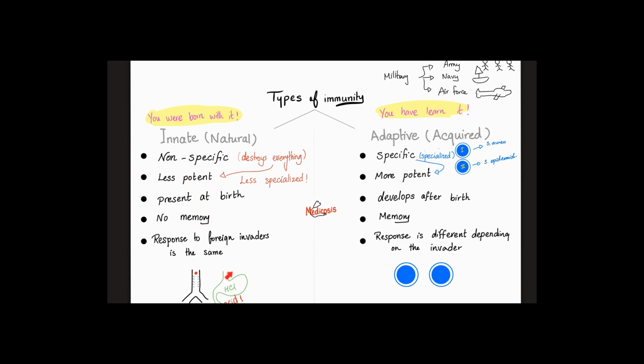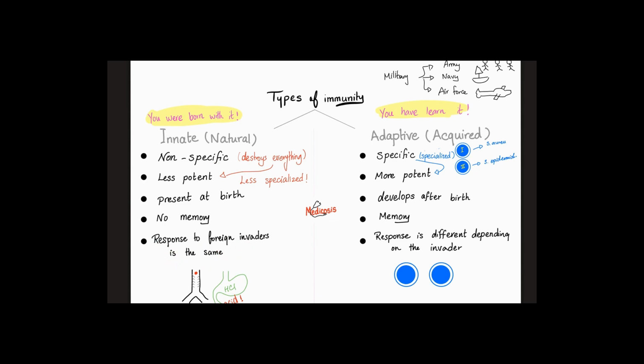Such as the acid in your stomach. The acid in your stomach really doesn't care what's in the stomach. It could be a piece of dirt. It could be a bacteria, virus, fungus. I will destroy everything because I'm an acid and I don't care. I don't have memory. I'm present at birth. I'm less potent than the specific doofuses and I am non-specific. I will respond to foreign invaders equally in the same manner.